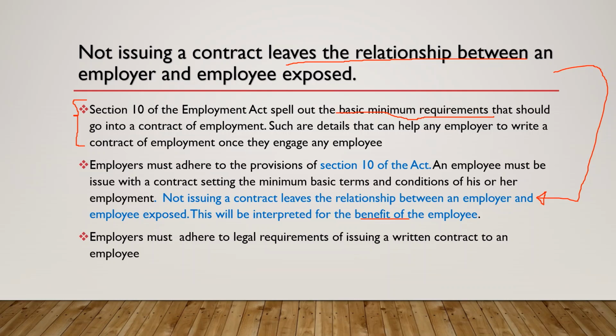Remember that not reducing a contract into writing will benefit the employee, meaning that whatever was agreed upon orally is what is going to be taken into consideration, because over and above that the employer failed in his duty to reduce the oral contract into writing.